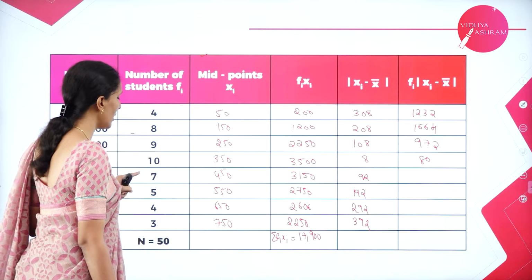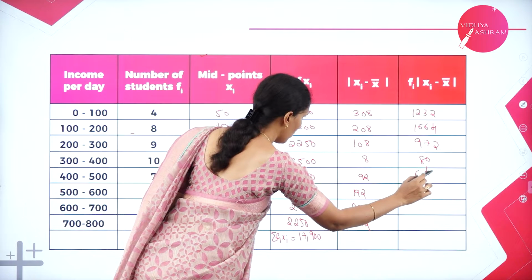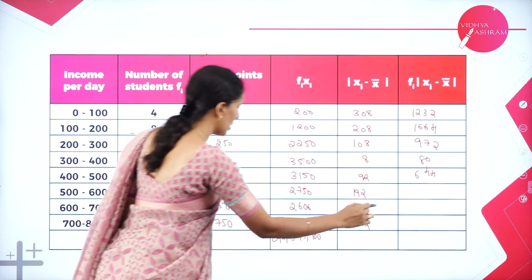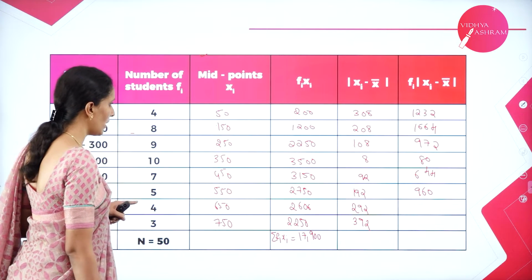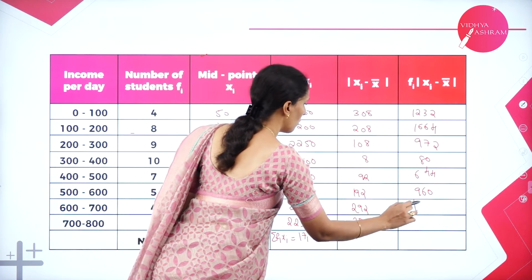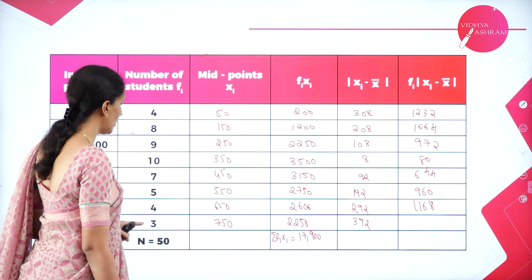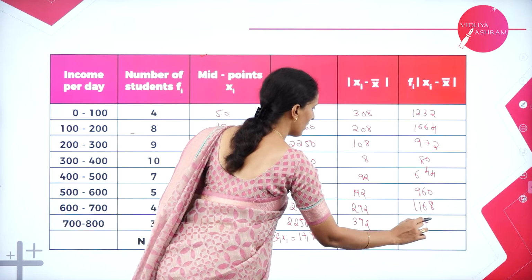Next, we have 7 into 92, which is 644. Next, we have 5 into 192, that is 960. Next, we have 4 into 292, that is 1168. Next, we have 3 into 392, that is 1176.